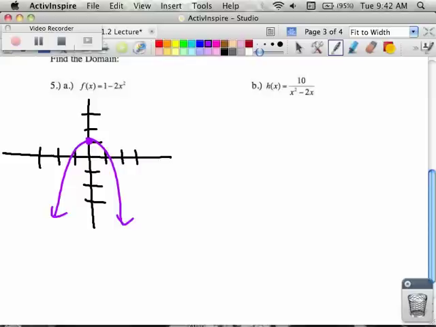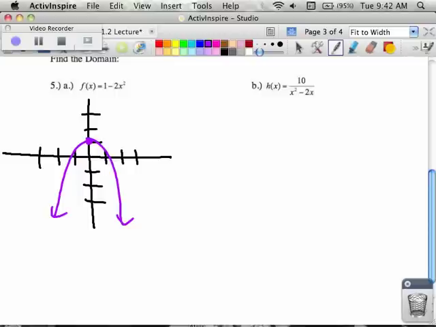No. So I'm not getting any issues. Those are domain things. If I divide by a number that I plug in that gives me a 0 on the bottom, that's a problem. If I try to take a square root of a negative number, that's a problem. That's not happening in 5a at all.